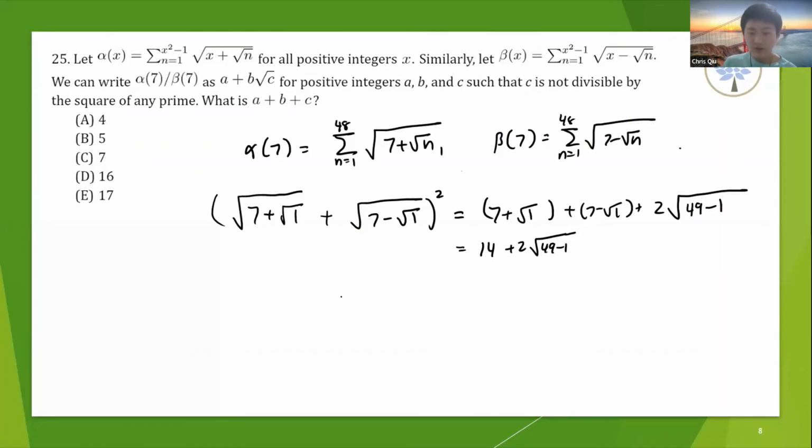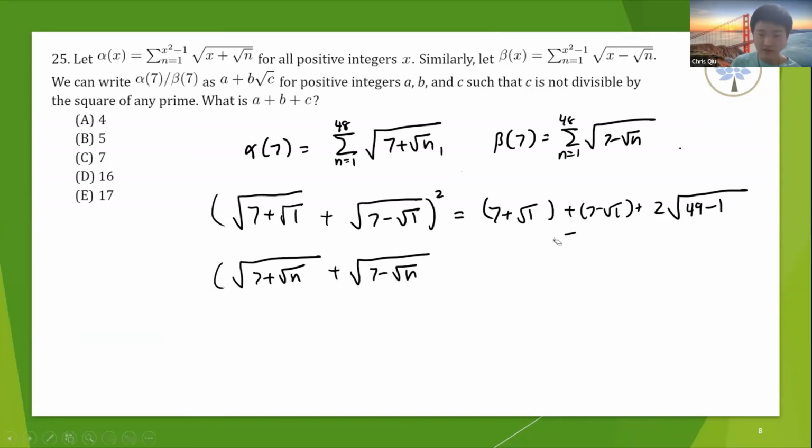And we can do this for many different numbers. So in general, we can basically take 7 plus root n and then add it with 7 minus root n.